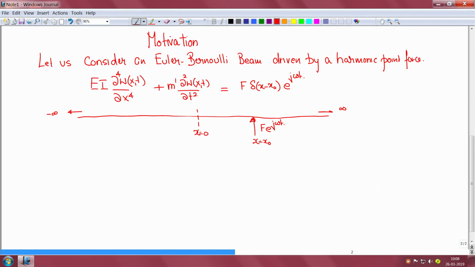Okay. Now, this is a linear system, and so if we drive it with this harmonic frequency, the system is going to respond at that frequency. So, the displacement W of x comma t can be written as some bigger W of x multiplied by e to the j omega t.